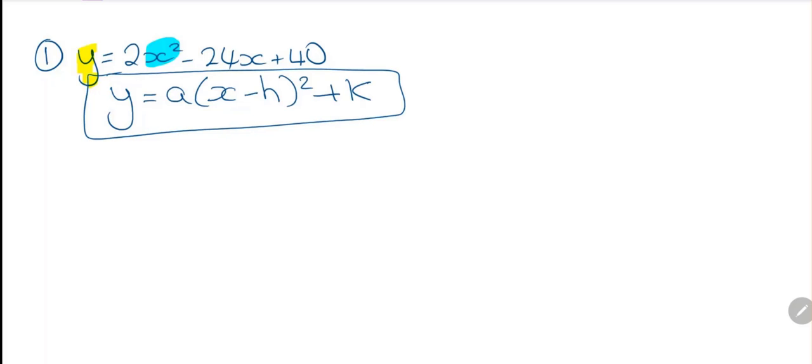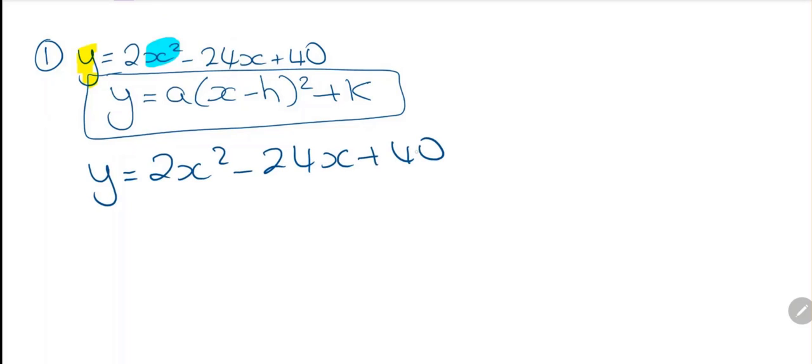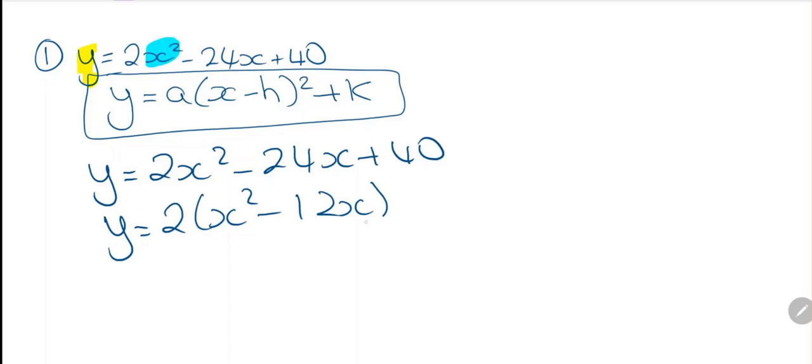To do this, we're going to complete the square, but we need to factor first. So y is equal to 2x squared minus 24x plus 40. I'm going to factor by 2, and I'm going to write plus 40 outside.